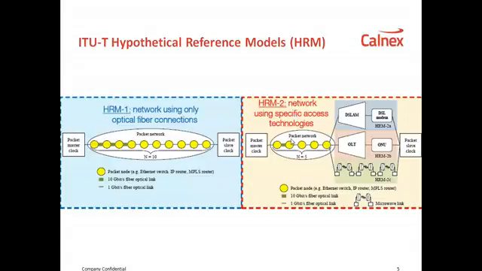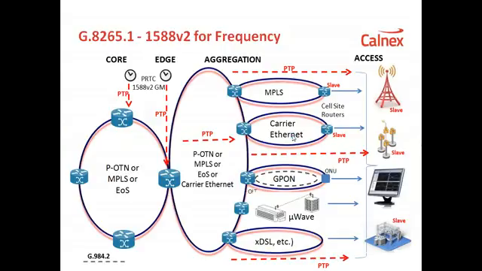to your network. So once you've determined which is the HRM model that applies to your network, we then look at the different ITU-T recommendations for deploying 1588 for frequency and phase. The first thing to note is that the ITU-T has different recommendations whether that network is going to be used for frequency deployment or for phase.